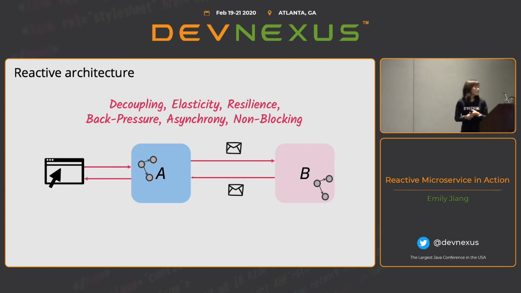With this kind of reactive architecture, we achieve decoupling, because the publisher doesn't know the consumer. It is also elastic, so I can have as many consumers as I want. It is also resilient: once you publish a message to the Kafka topic, your message is safe. There is also back pressure, so you can say, I only consume these messages.